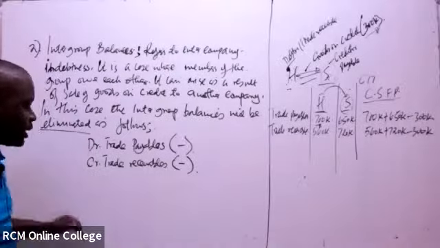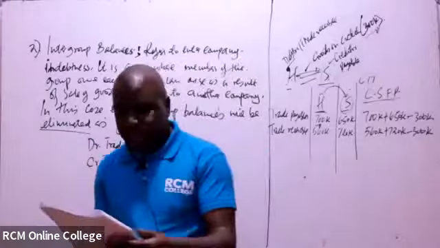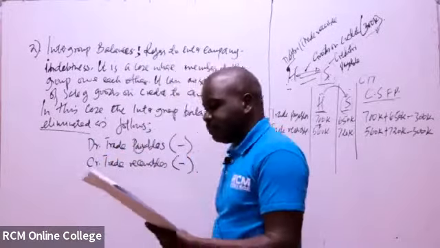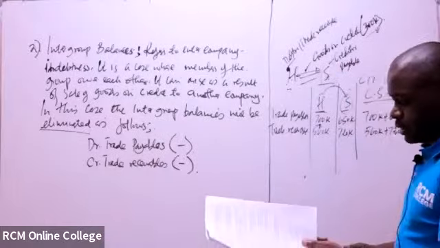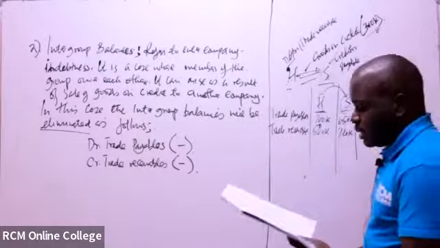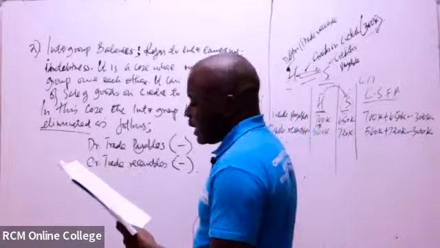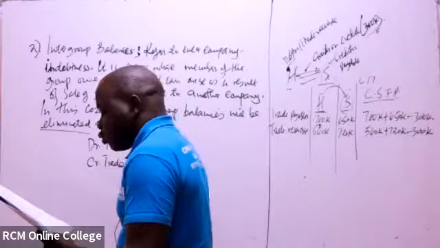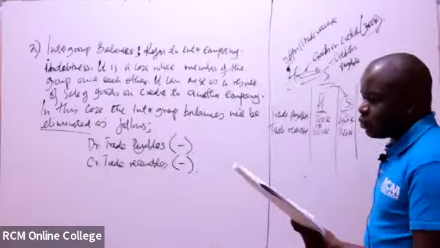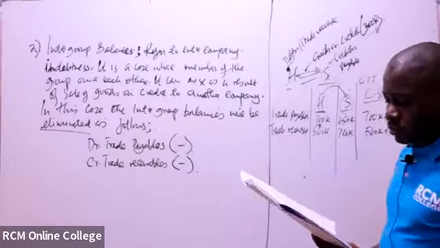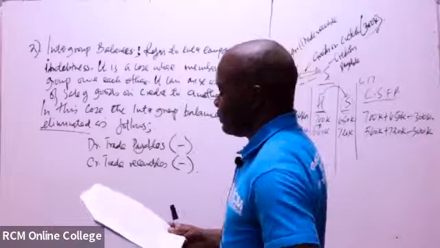You can write another paragraph: any cash in transit needs to be adjusted before eliminating the intergroup balances.